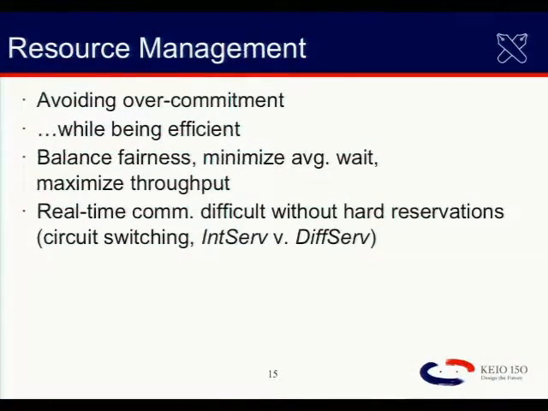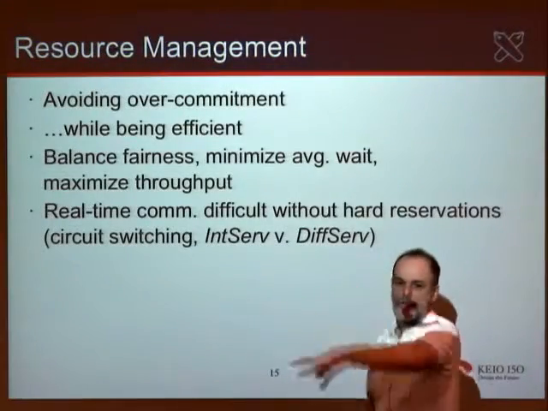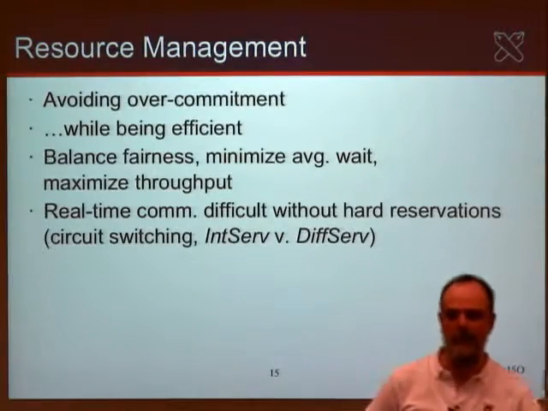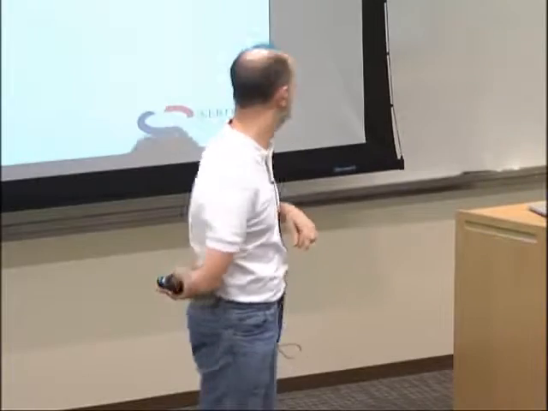Enforcing real-time communication is actually difficult without some sort of hard reservation mechanism, meaning circuit switch, IntServ as opposed to DiffServ, something like that. And in quantum networks, because the quantum information itself is so fragile, that real-time component actually figures pretty strongly into the overall system.